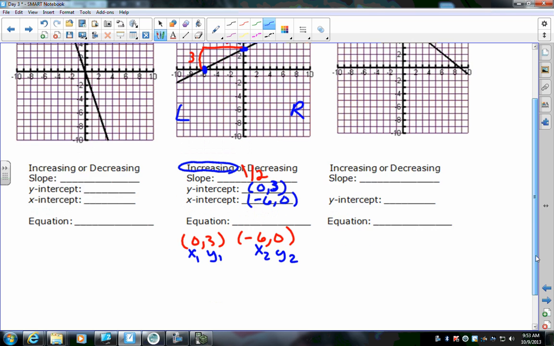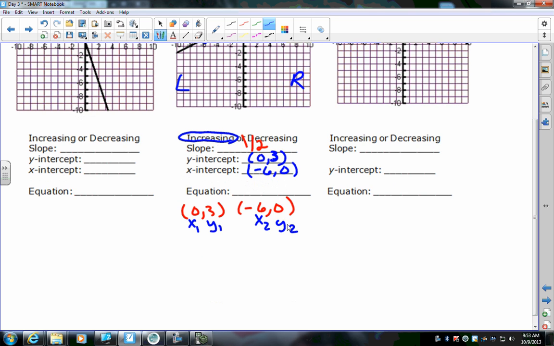So I can do y2, which is 0, minus y1, which is 3, over x2, which is negative 6, minus 0. And now, 0 minus 3 is negative 3. Negative 6 minus 0 is negative 6.